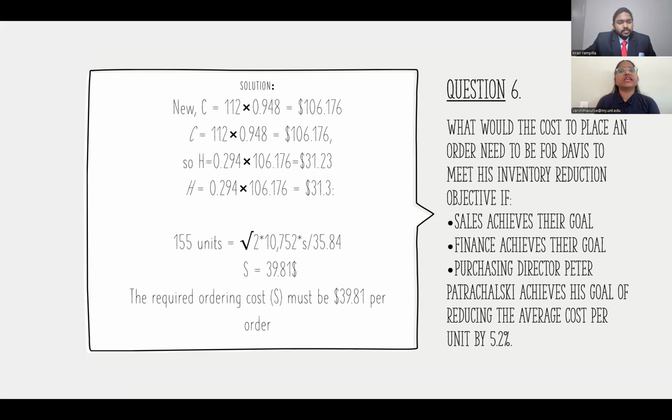Again, for the same 155 units of EOQ, the derived ordering cost is $39.81. So for achieving Peter's goal along with all other objectives, the required ordering cost must be $39.81 per order. Next slide, please.